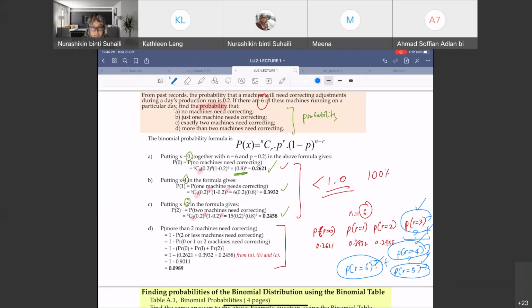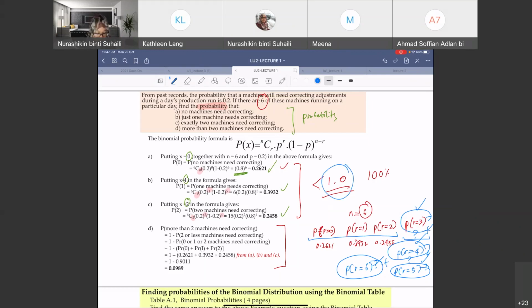Another way, since we already have this information, and we know that it's until 6, we know the total probability is 1. So we can just subtract those 0, 1, and 2 from 1 and get the information. It will actually equal the sum of r equal to 3, 4, 5, and 6. You got what I mean?